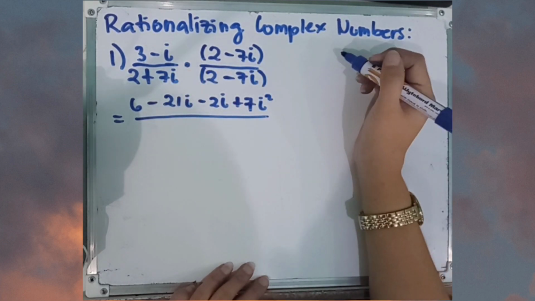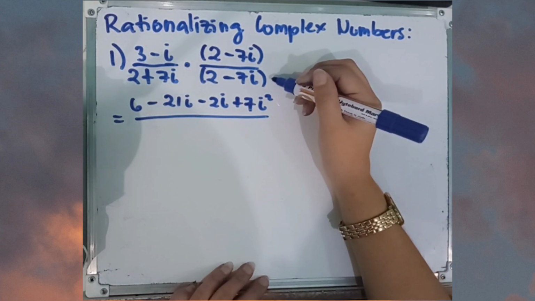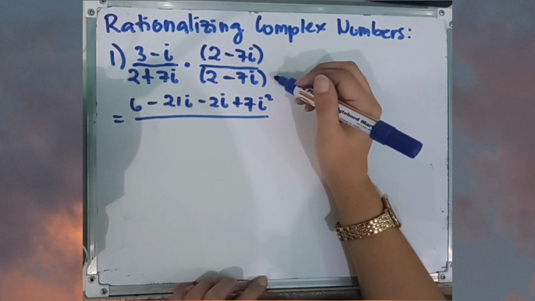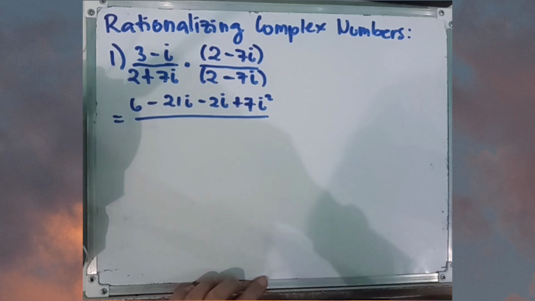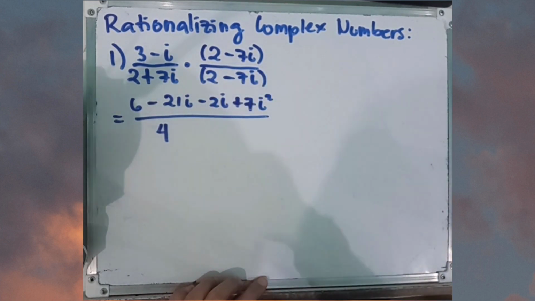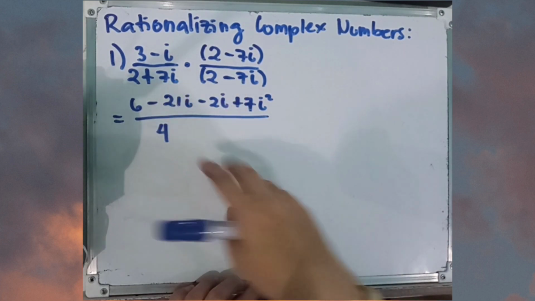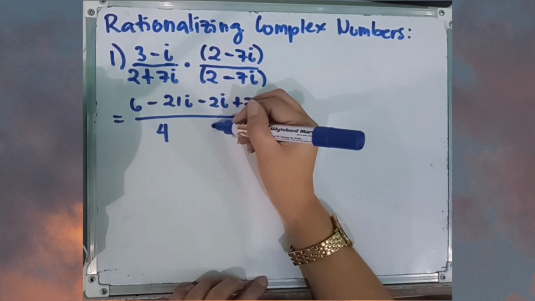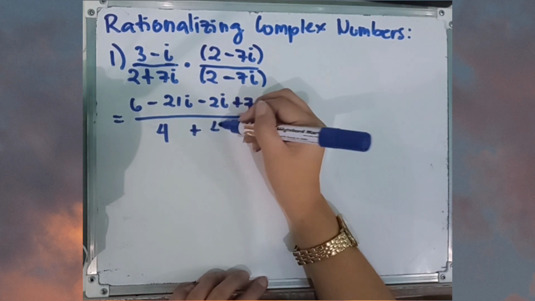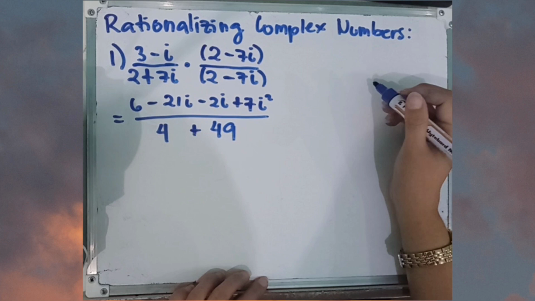Now for our denominator, I told you earlier that the product of conjugates is equal to a squared plus b squared. So simply square the first term. Of course, that's 4. Square the second term. That is 49. And the sign is positive. Okay?